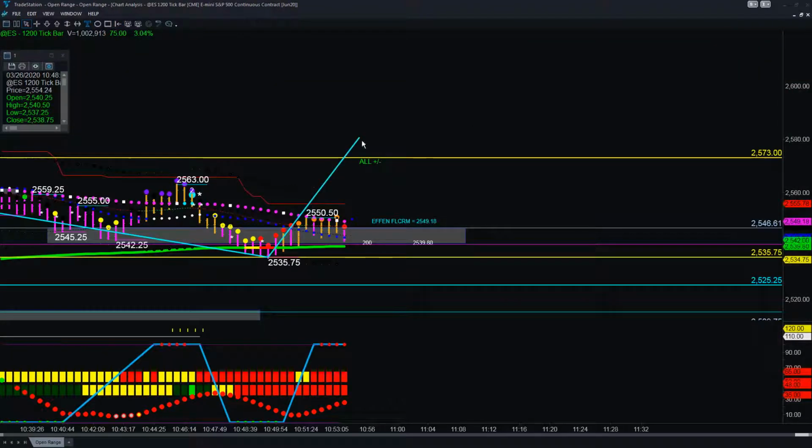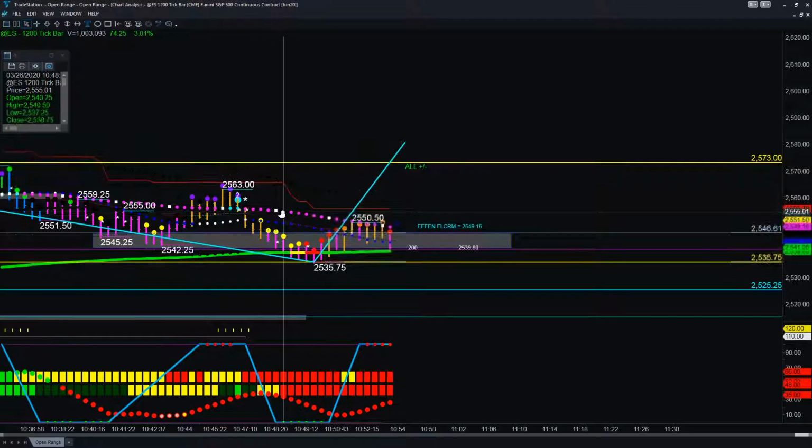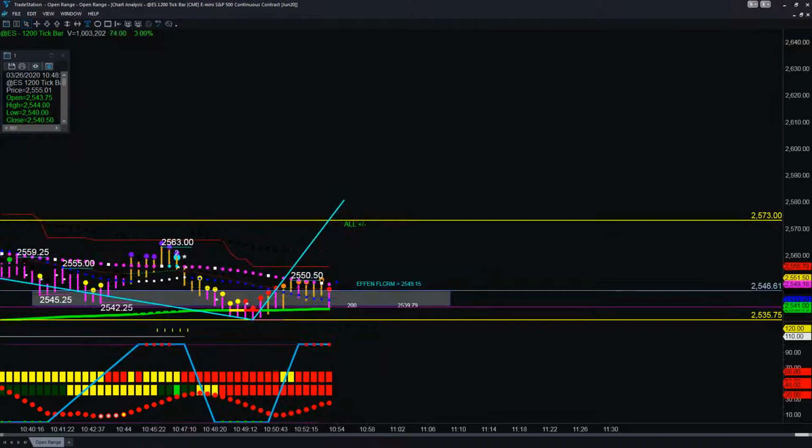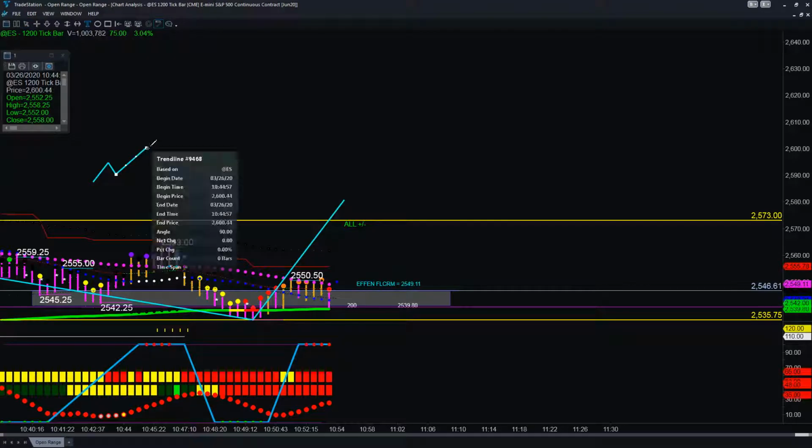Explanation on that part of it. So a broadening pattern. We know what a trend up looks like, right? So a trend up looks like this. There's a trend up.